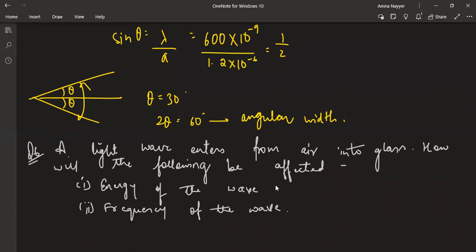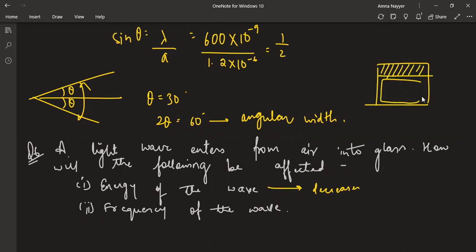See, energy of wave decreases because part of light is reflected back into the air. This decreases because part of light wave is reflected back into the air. So energy will decrease. If this is the amount of energy, this part has been reflected back. So how much is left?